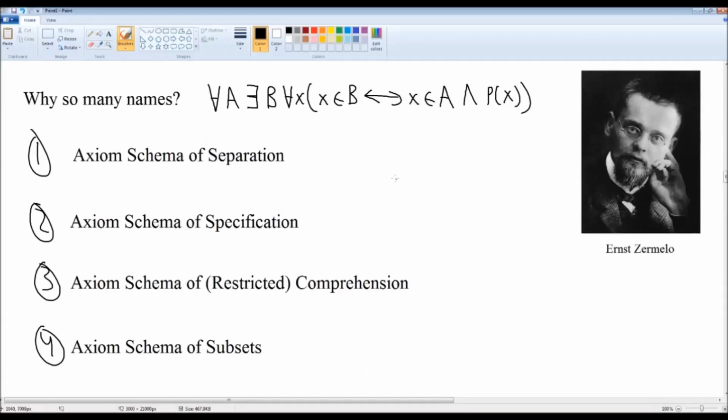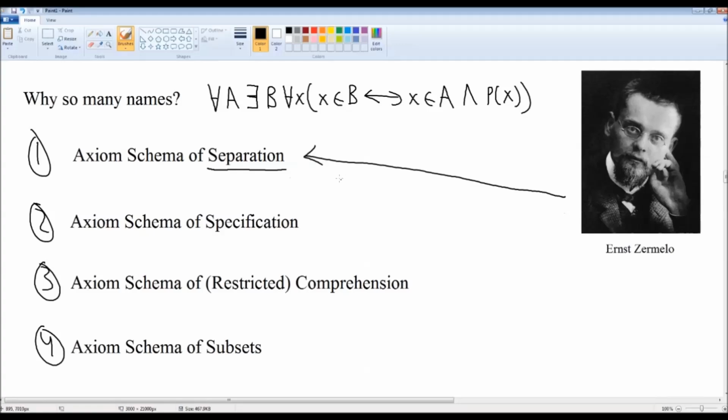Now, one thing you may have been wondering, if you've ever seen any other books, is why there are so many names. Why do different books call this axiom schema by four or five different names? The name separation, which is the one that I'm using, was given to us by Zermelo.